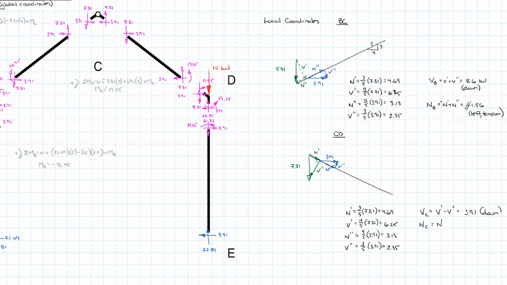So N prime plus N double prime is equal to 7.82, and that's to the right, or compression.